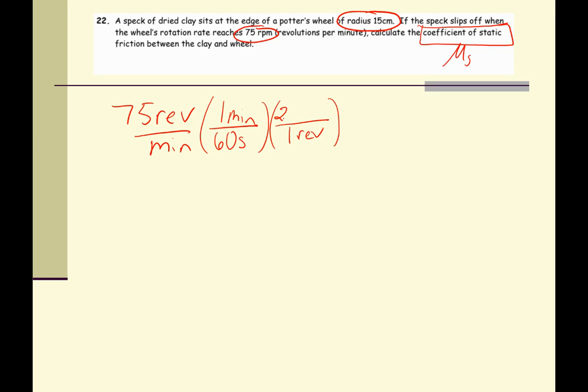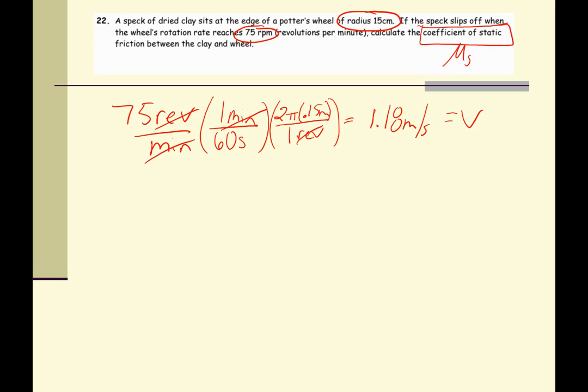So I have 2 times pi times my radius in meters, which is 0.15 meters. Okay. Minutes cancel. Revolutions cancel, and I'm going to end up getting meters in the end. I get 1.18 meters per second. And that's basically going to give me a velocity value.